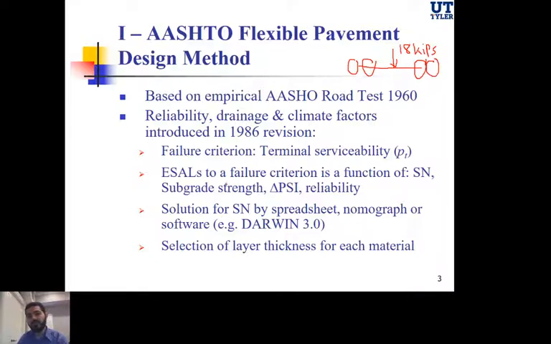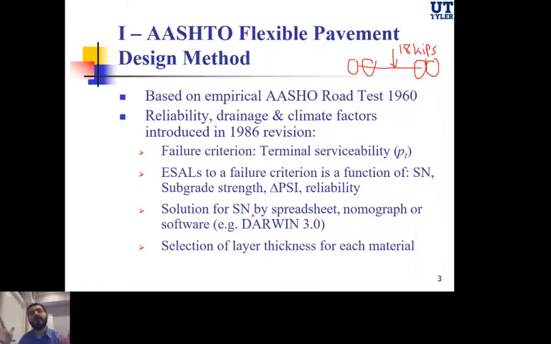So ESALs were used to design the pavement against failure as a function of SN, the structural number, which I'm going to explain next lecture, the subgrade strength, the delta PSI, which is the change in the pavement serviceability index with time, and the reliability level. Then we came up with a solution for the structural number by spreadsheet or a nomograph, which again I'm going to explain next time.